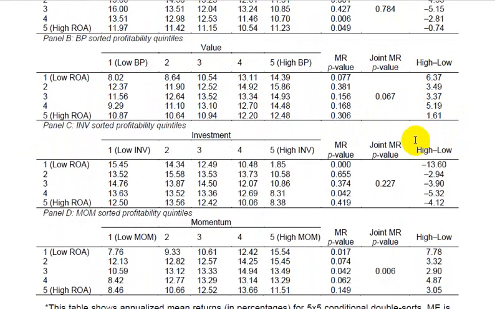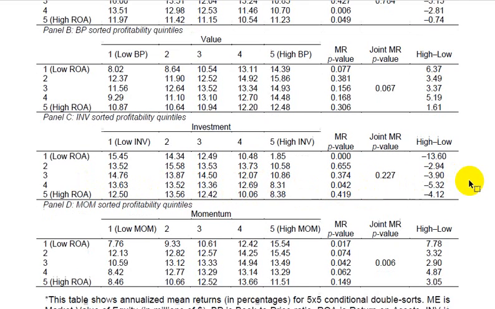And next we look at investment, and we see here that the companies with the highest amount of investment underperform the lowest amount of investment across all levels of profitability, but really the only ones that are significant are the least profitable companies, and also the fourth quintile of profitability.